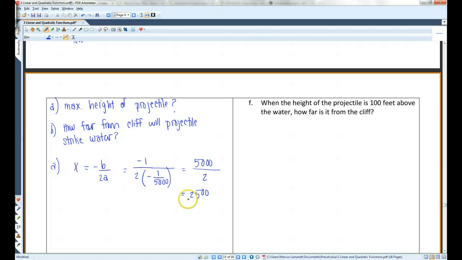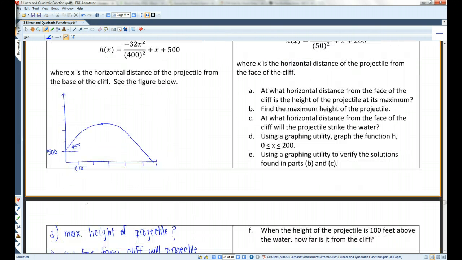Alright, so the maximum height of the projectile, or actually this is the vertex. The maximum height of the projectile will be whatever we get when we plug this in.